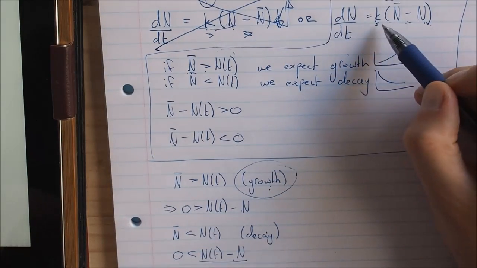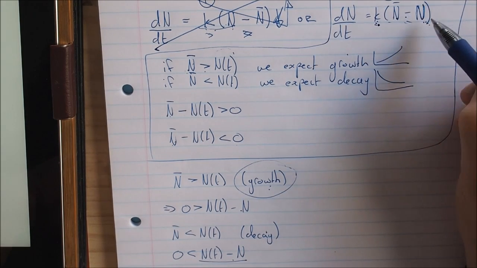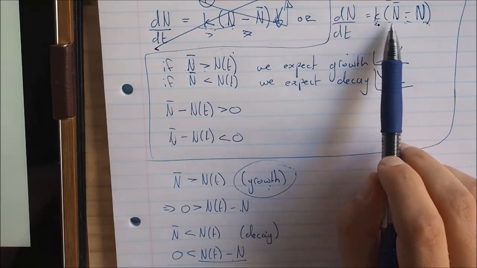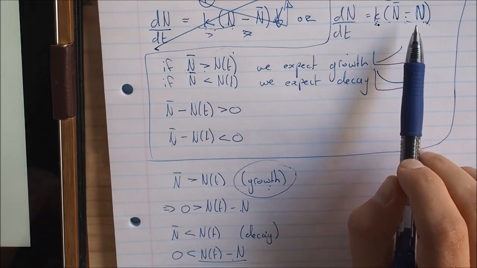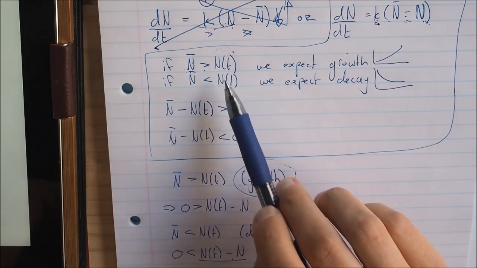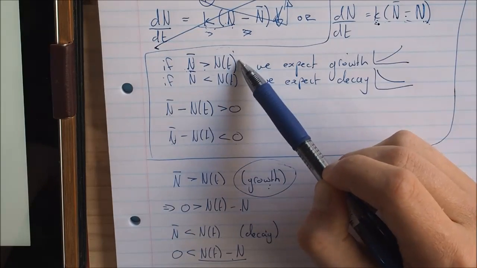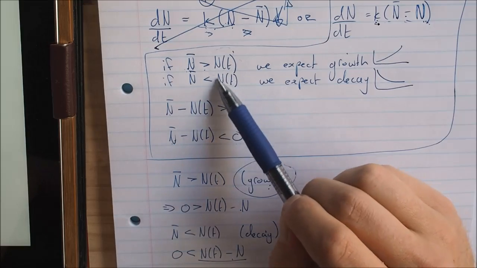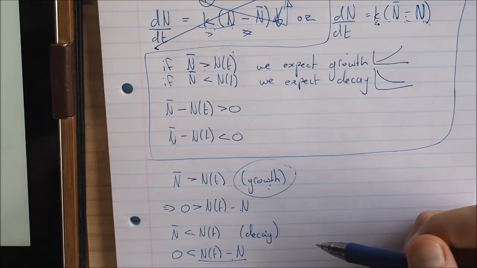So we want to write it as k times the maximum minus the current population size. And we know through the sanity check that the choice of order of these parameters correlates with what we expect from our intuition: if our population size is less than the maximum population size we want it to grow, and if the population size is greater than the maximum population size we want it to decay.